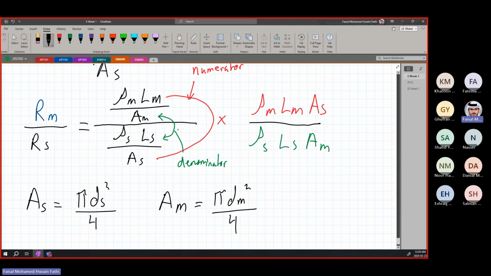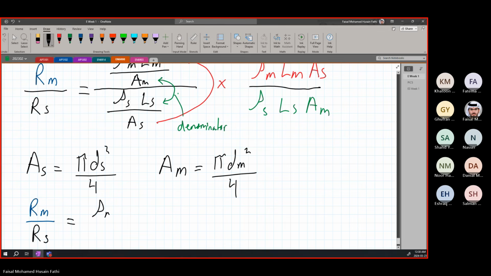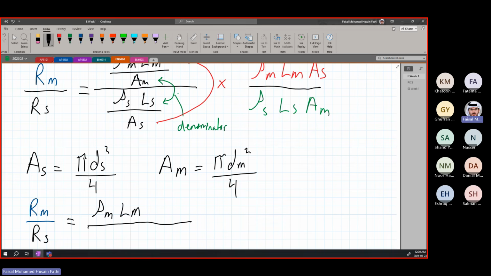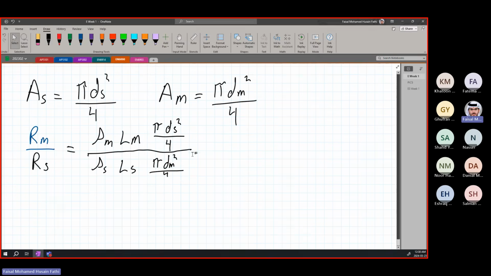So let's just substitute this back into the equation. So we have Rm over Rs is equal to rho M Lm times As, which is pi ds squared over 4. And we have rho S Ls pi dm squared over 4. Okay?